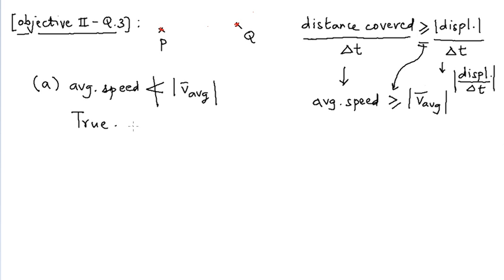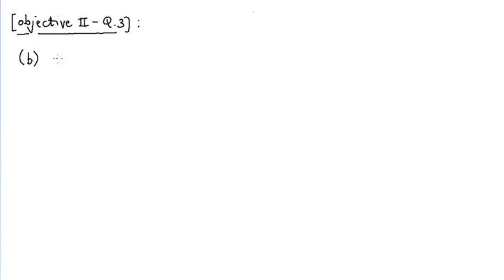Now we can turn to option B, and in this particular option the statement given is that it is possible to have a situation in which the modulus of dv bar by dt is not equal to 0, but d of mod v bar by dt is equal to 0.